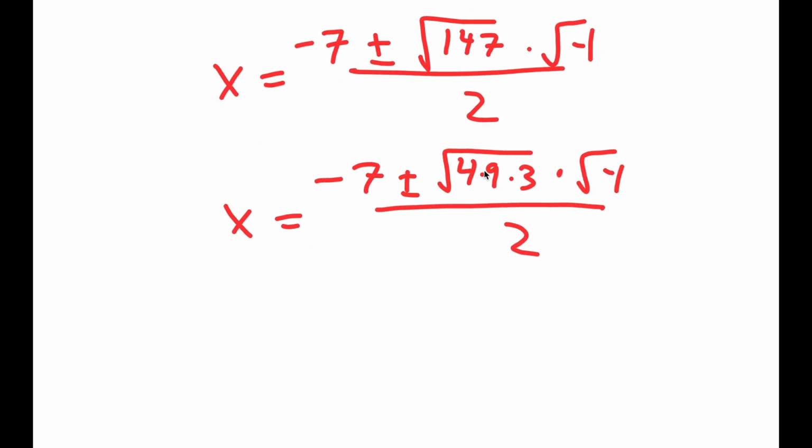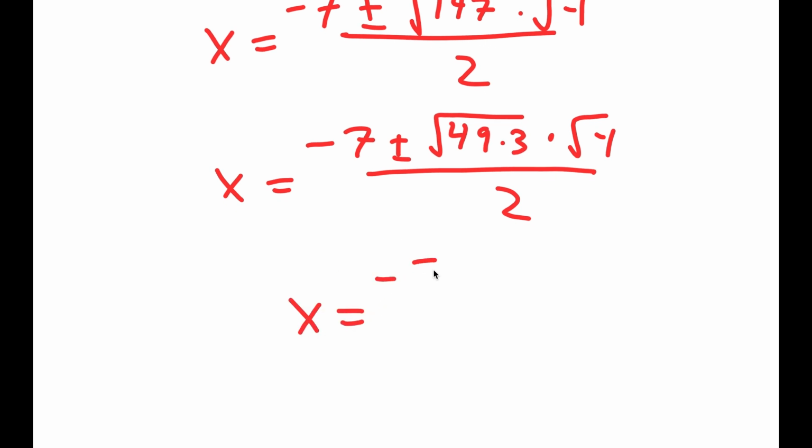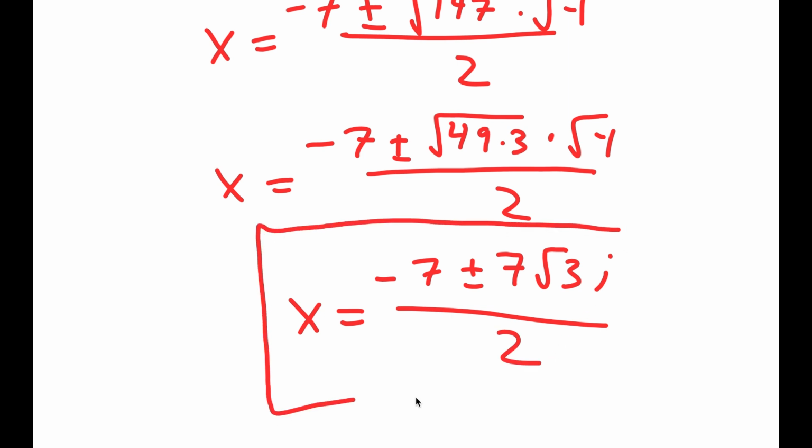And the square root of 49 is 7, so I get x = -7 plus or minus 7√3 times the square root of -1. And now I can rewrite the square root of -1 as the imaginary number i. So these are two more solutions to this equation.